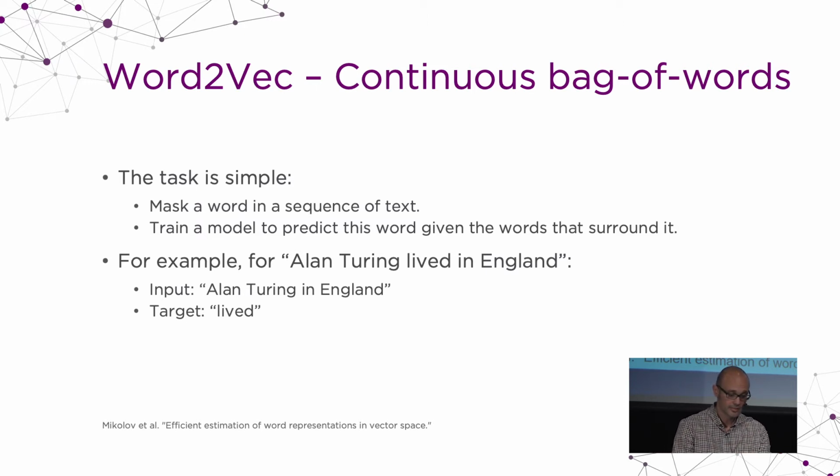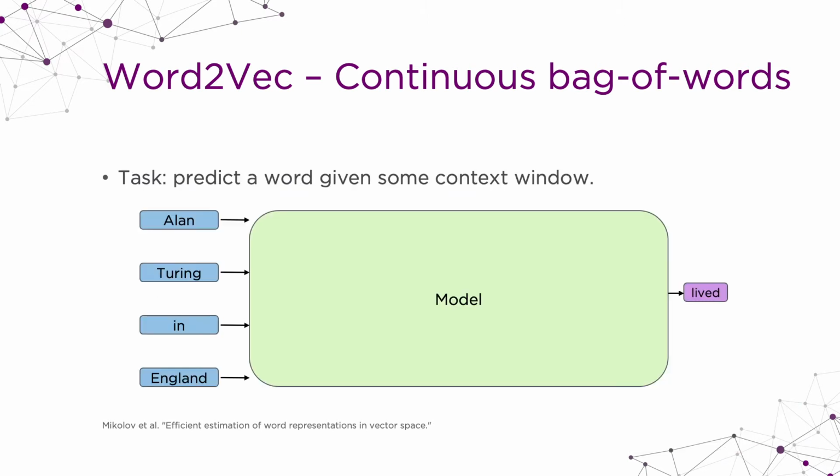We have the sentence Alan Turing lived in England. Now I mask the word lived, so the input for my model is Alan Turing in England, and the output is the word that I just masked, which is lived. Just to make it clear again, the input is the part on the left, these 4 words, and the output is the word on the right, lived.